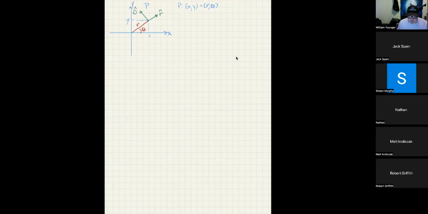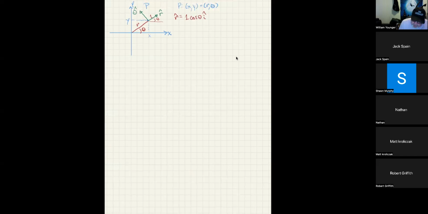You could tag along with that and realize that this is a right-handed coordinate system if the z-axis is coming out of the page, and then of course the k hat would be coming out of the page at that same point as well. But with a little analysis, you can see that this angle right here is theta. If I was trying to find the y and x components, I would say r hat is equal to the magnitude, which is 1, times the cosine of theta times i hat.